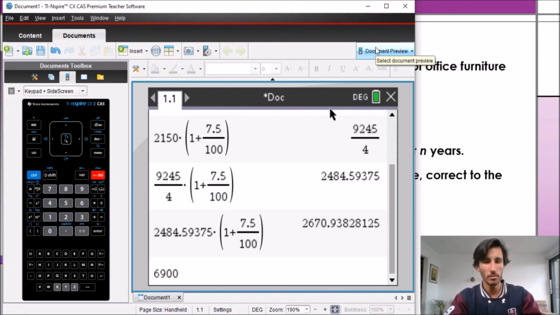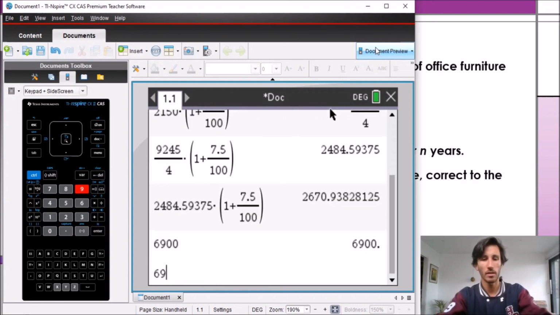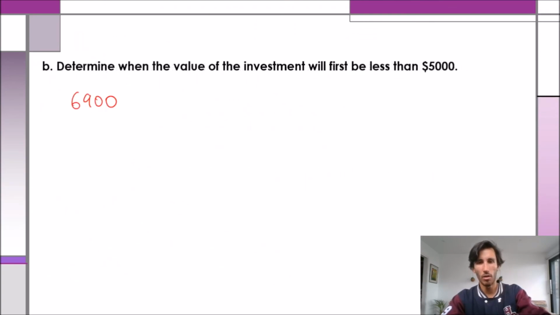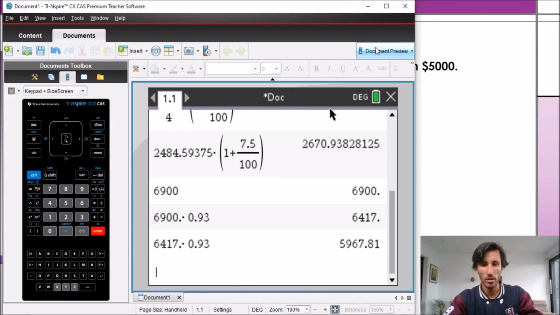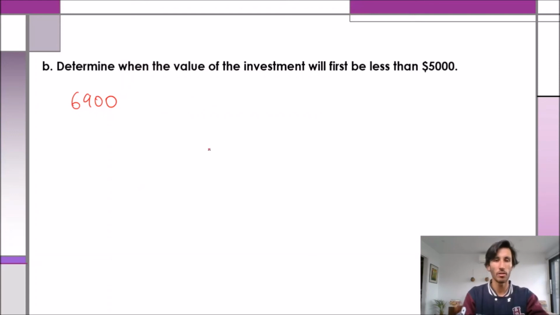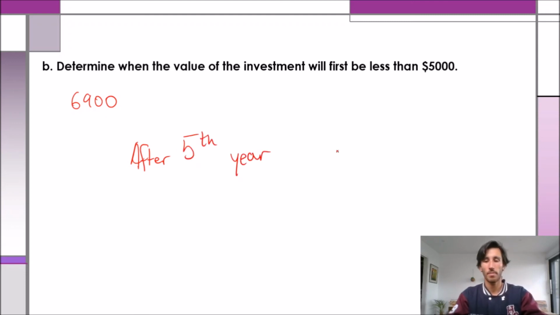So actually, we have to start with 6,900, enter. Then we go times 0.93. And we're looking for the first time that it's below 5,000. So that's 1, 2, 3, 4. Okay, so after the 5th year, it's worth less than 5,000. So after the 5th year is the answer to that.